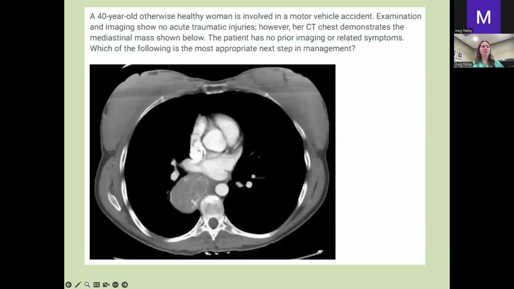Okay, so this is a question about mediastinal tumors that I saw in TrueLearn. They were asking, if you see this on a CT scan in a trauma patient, incidentally, what's your next step in management? It's an imaging question: CT, MRI, PET, and so on.